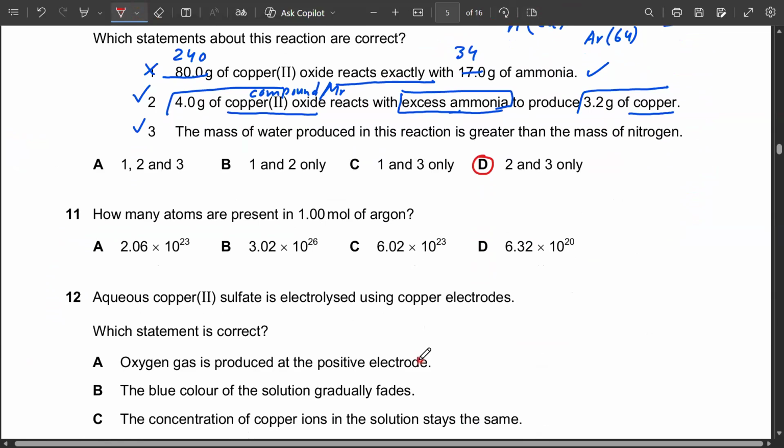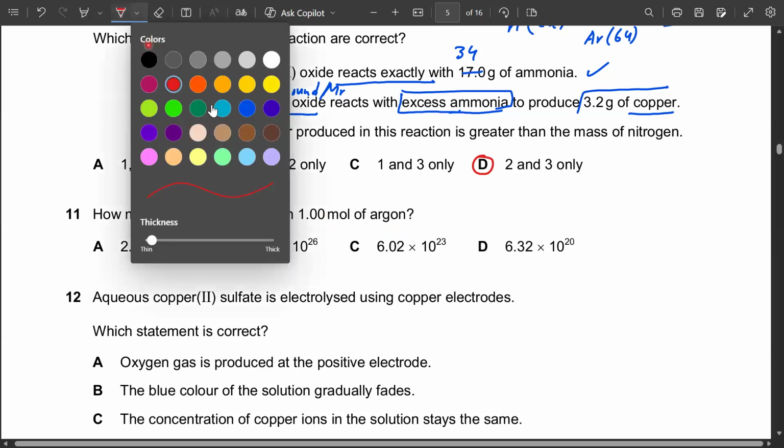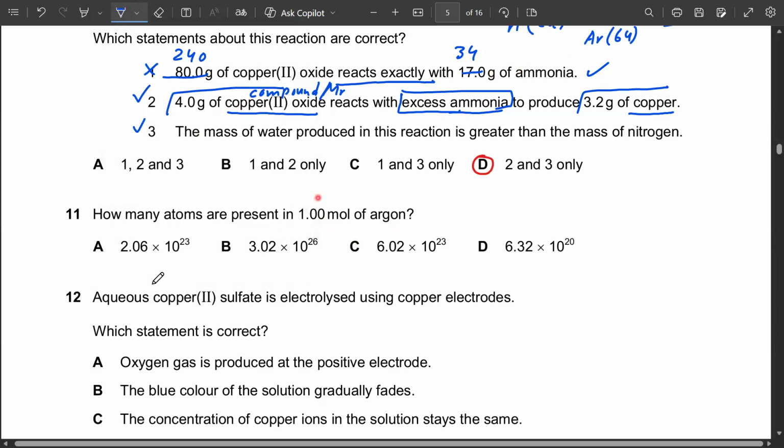Now, question number 11. How many atoms are present in 1 mole of argon? Now here we have the values in standard form, and we know they are representing Avogadro's number.